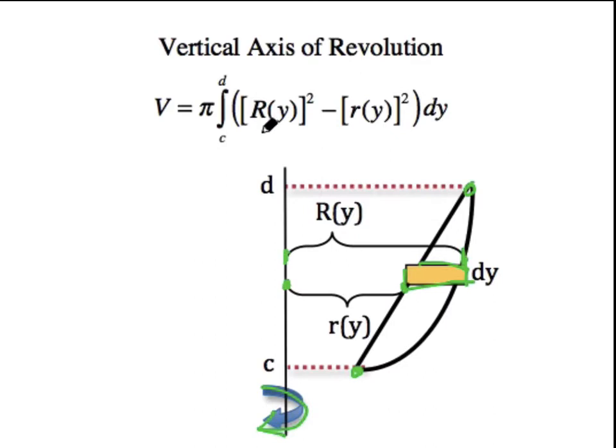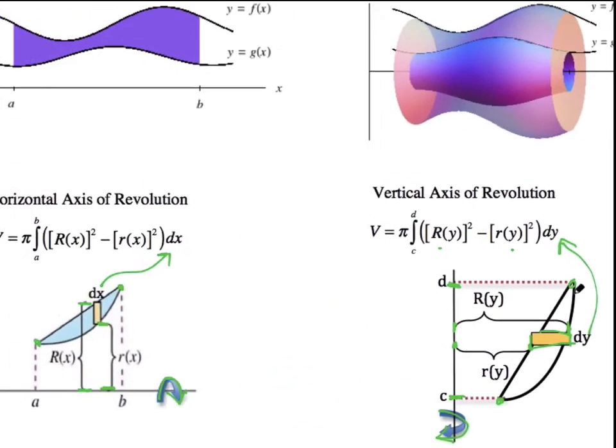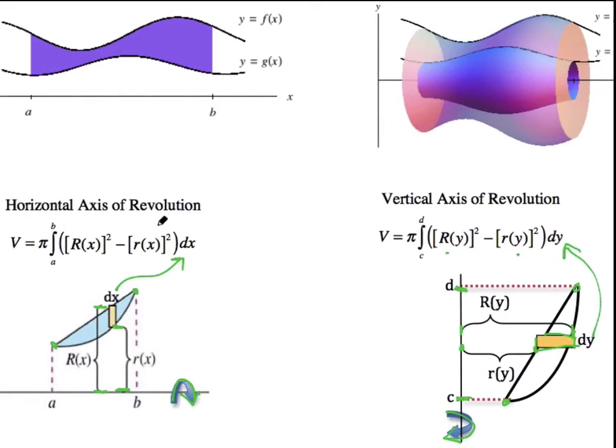Our limits of integration are from c to d, and these are actually y values. The width of that representative rectangle is dy right there. So the big thing: horizontal axis of rotation, everything is in terms of x. Vertical axis of rotation, everything is in terms of y.